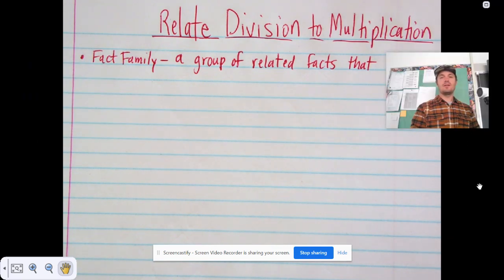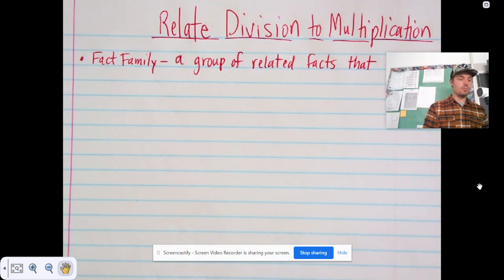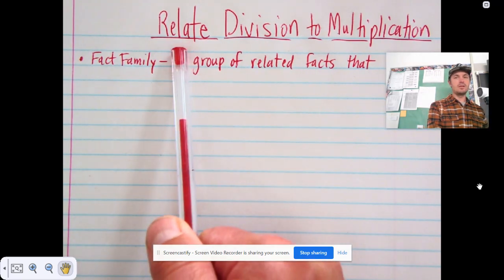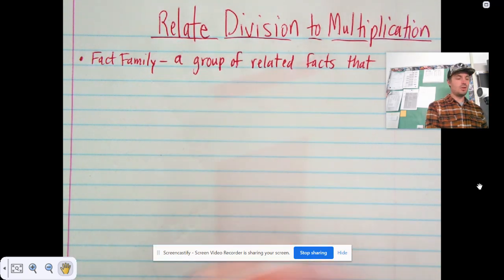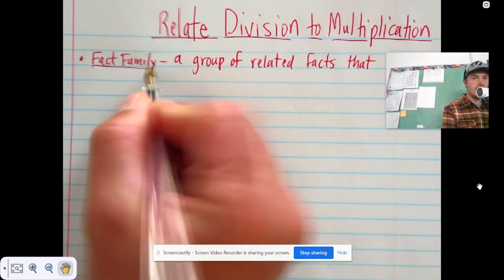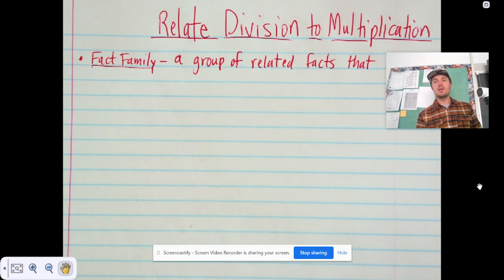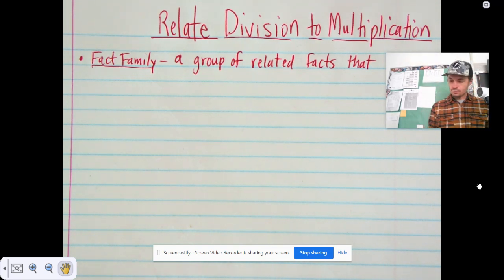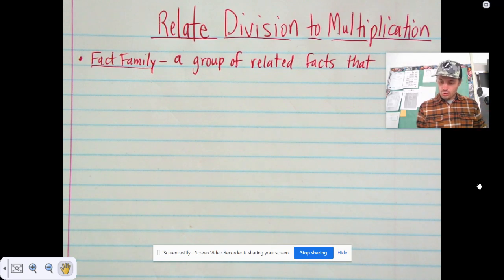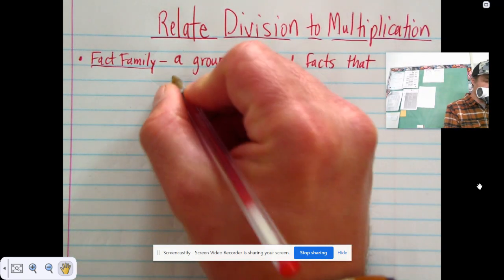Everything Mr. Dauber writes down on this piece of paper, you should be writing down in your math notebook. So you should have this same title at the top, relate division to multiplication, and you should be starting to take down these vocabulary notes with me. A group of related facts that use the same numbers.